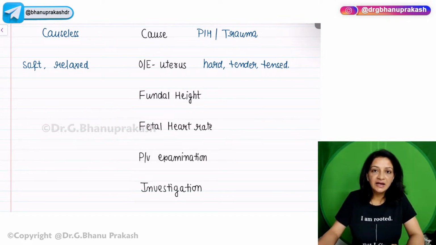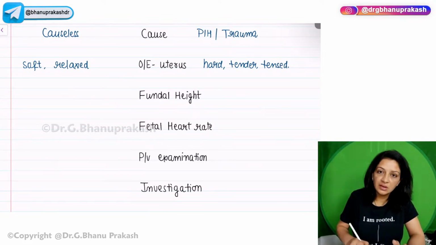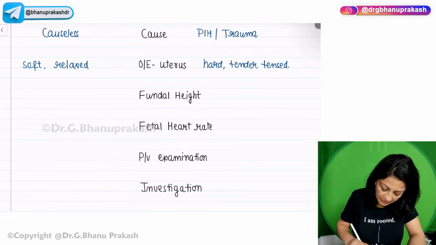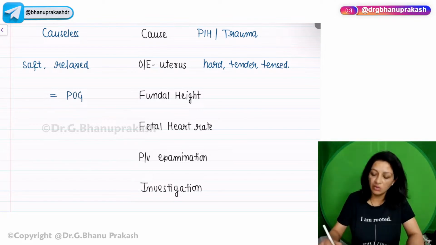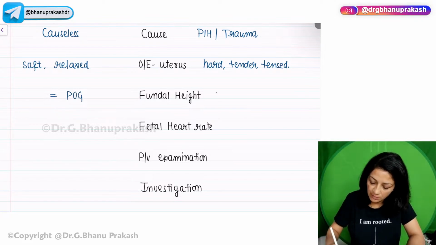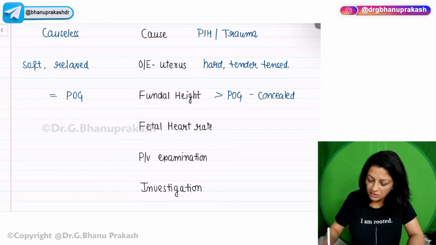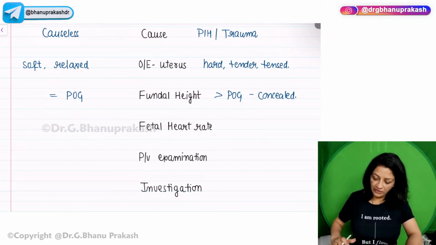So fundal height, जैसे हम fundal height measure करेंगे, in case of placenta previa, it is equal to period of gestation. But in case of abruptio placenta, it is more than period of gestation in case of concealed abruptio. So these are the abdominal findings.